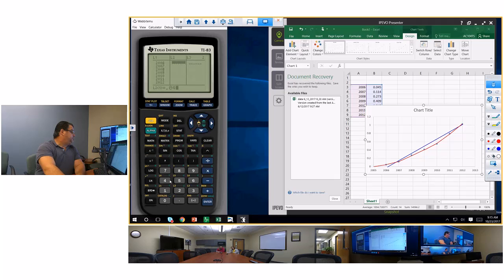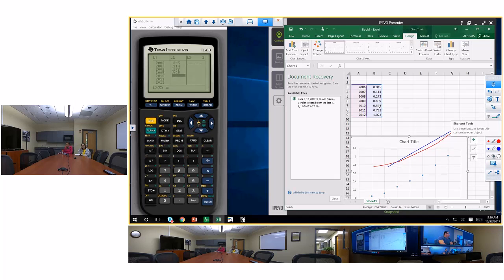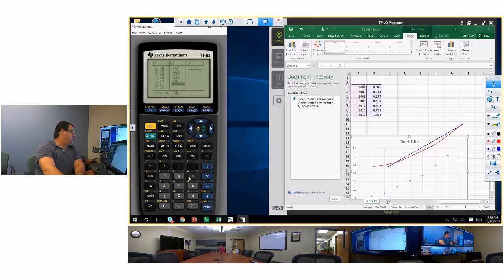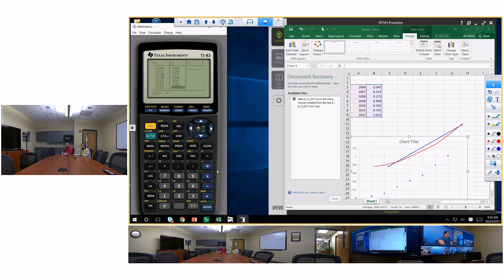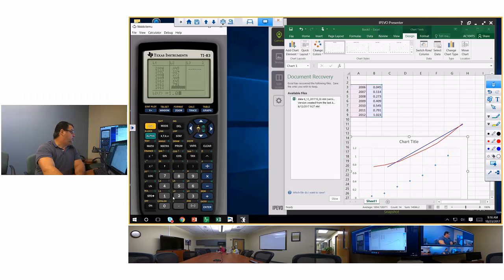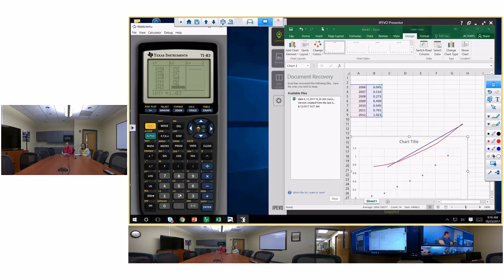Then the values: 0.045, 0.114, 0.273, 0.409, 0.545, 0.791, and 1.023.